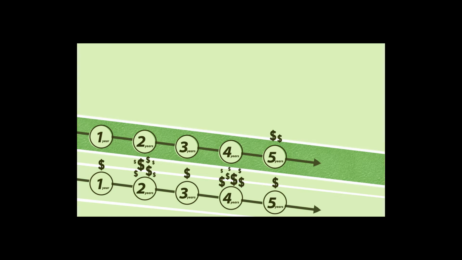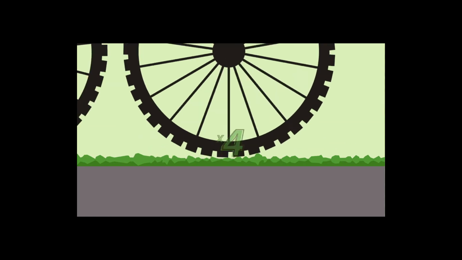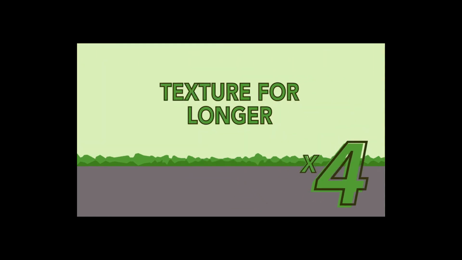The one on the right is made from a unique binding system that uses Australian recycled glass. It's called OmniGrip CST. It lasts longer than paint-based products. In comparable heavy traffic, it can last about 4 times longer. It maintains its texture for longer. It retains its colour for longer.